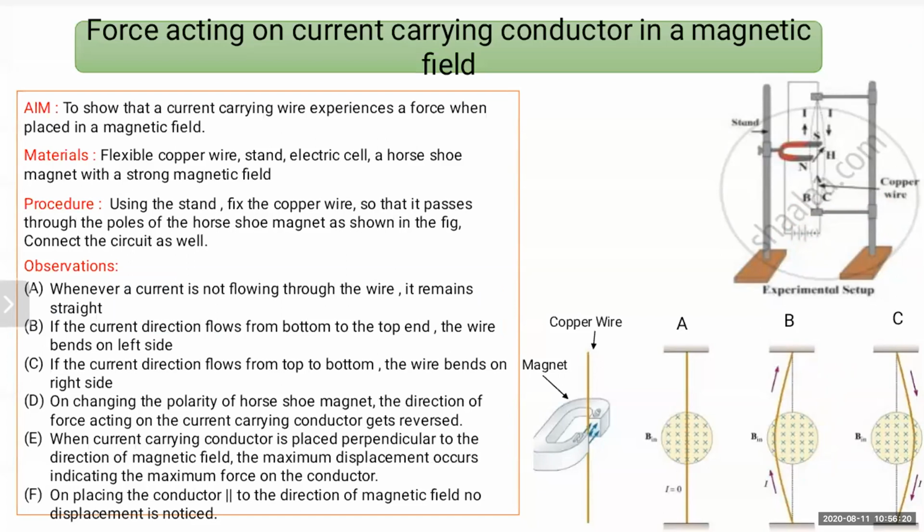Now this experiment aims to show that a current carrying conductor wire experiences a force when placed in a magnetic field. Means the current carrying conductor experiences force. Look at the diagram. There is a horseshoe magnet.